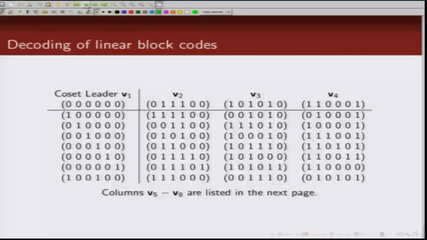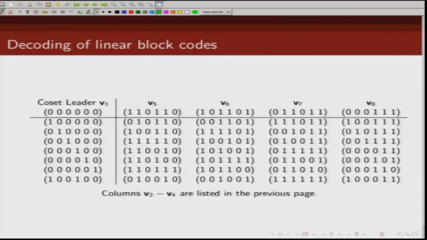Now, how do I find entries in the next column? As I said, I have to pick up a vector which has not appeared in the previous rows. So, let us look at what has appeared in the previous row. We had all 0 sequence here, we had a sequence which has 3 ones, a sequence which has 3 ones, a sequence which has 3 ones, code word 4 ones.